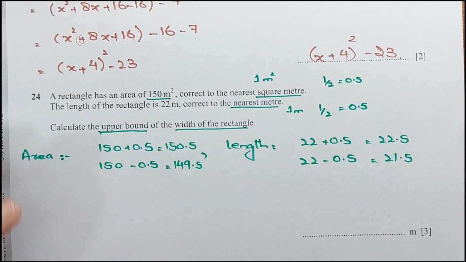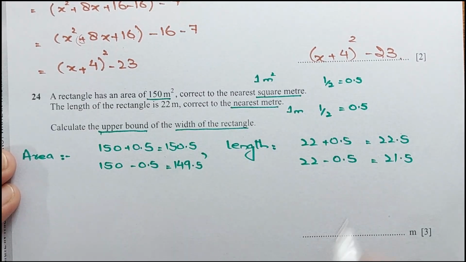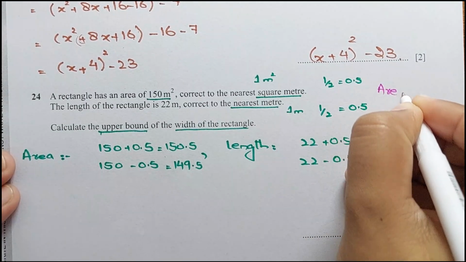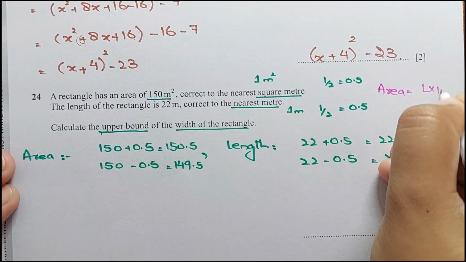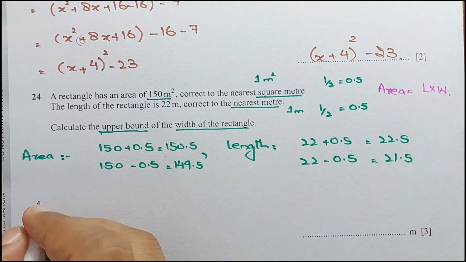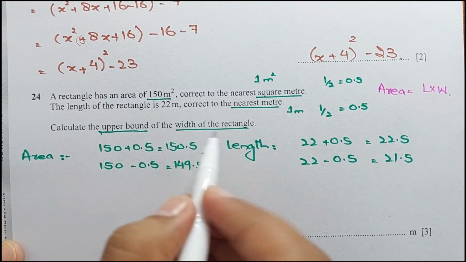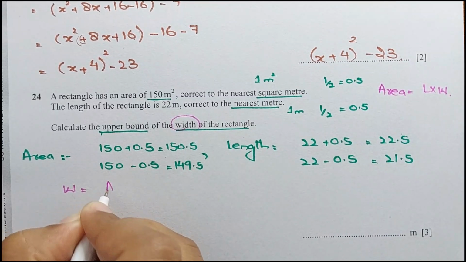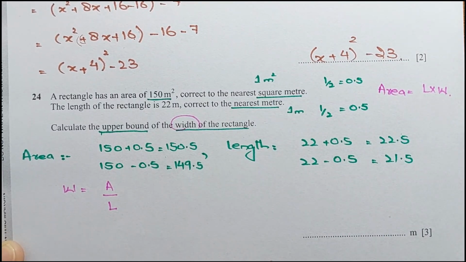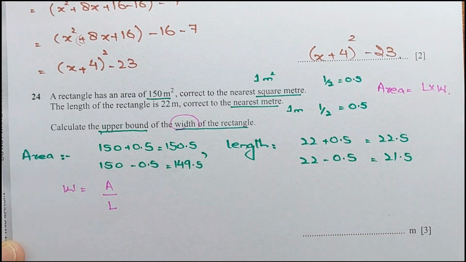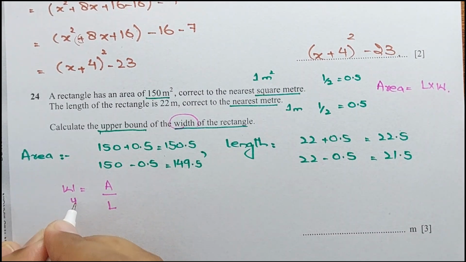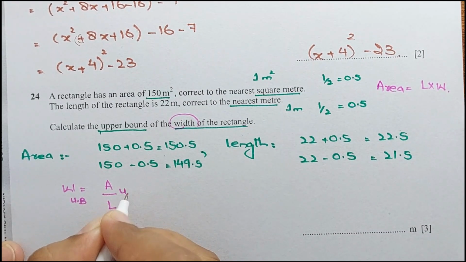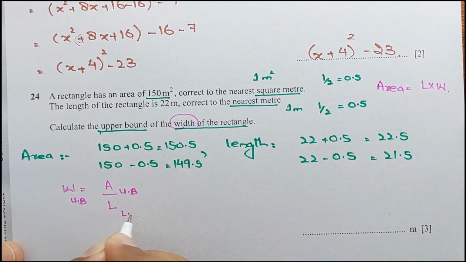All right. Since we have been given the area, and area is length times width, we have to find out the width. What is the width? Width is area divided by the length, right? Width upper bound means the area upper bound and the length lower bound.